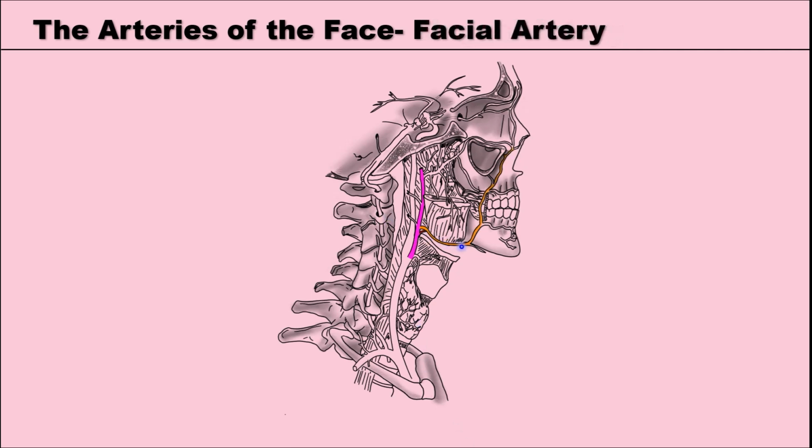This is the facial artery that runs from the external carotid and travels under the inferior margin of the mandible, where you can feel its pulse, before it runs obliquely across the face, giving off branches along the way.